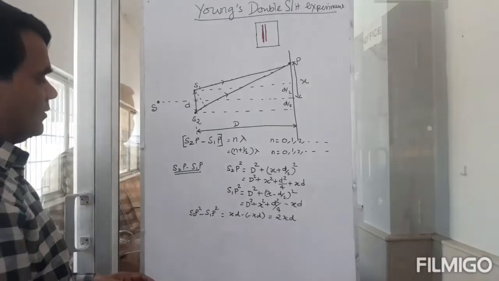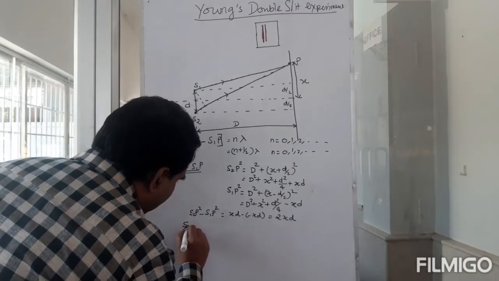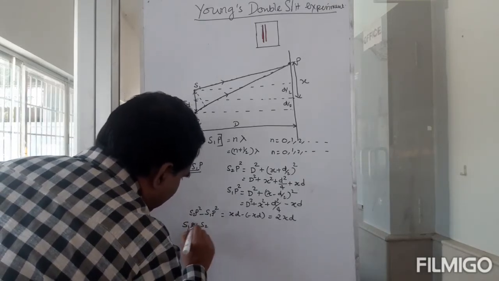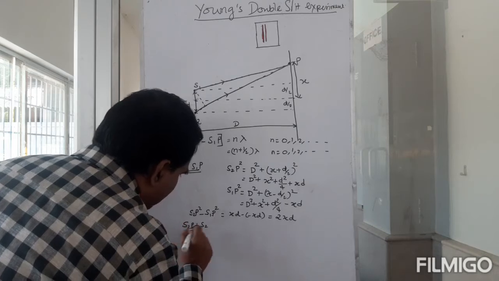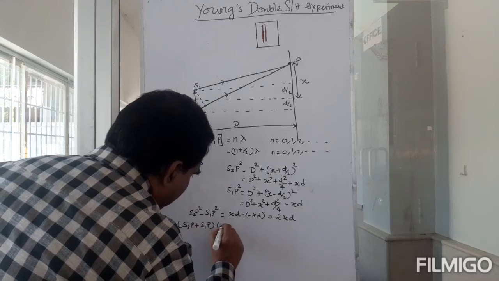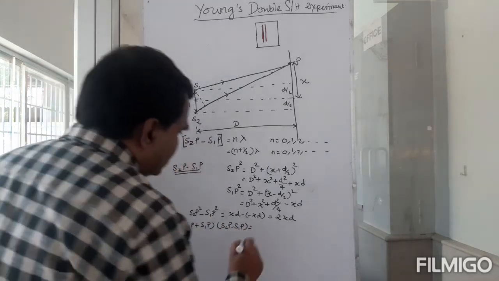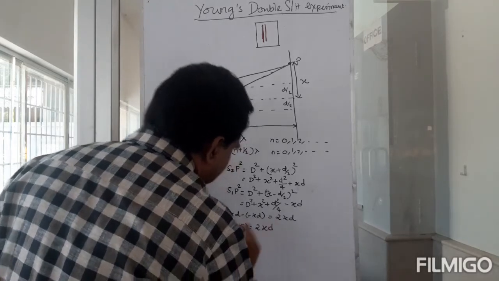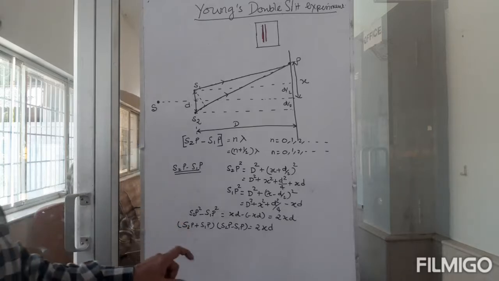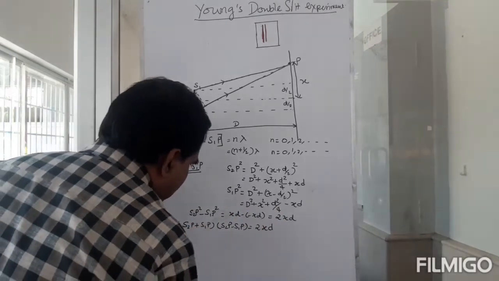But I can expand this, right? A squared minus b squared form. So I can say that S2P plus S1P into S2P minus S1P is equal to 2xd. Now what am I interested in? I'm interested in S2P minus S1P. So I bring this down.